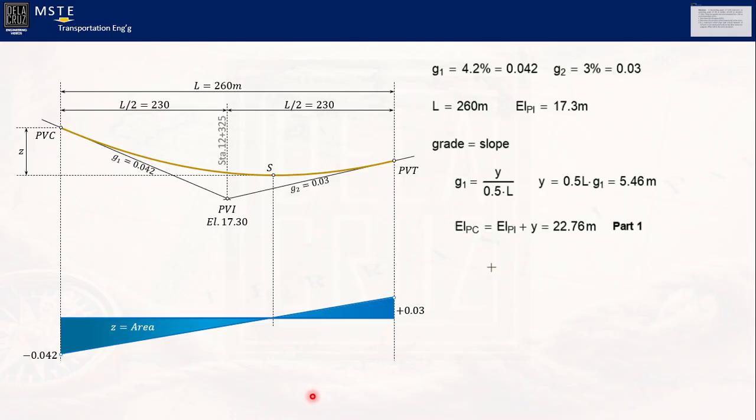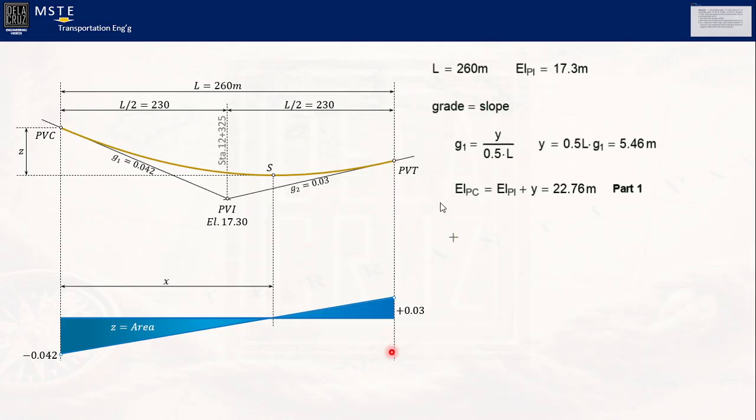Okay? So, to calculate that, dapat may distance x tayo dyan. Now, let us solve first the value of x. After that, we can solve the value of area, and area is equivalent to the value of z. Okay? So, we can solve the value of x by just ratio and proportion. So, how to do that?